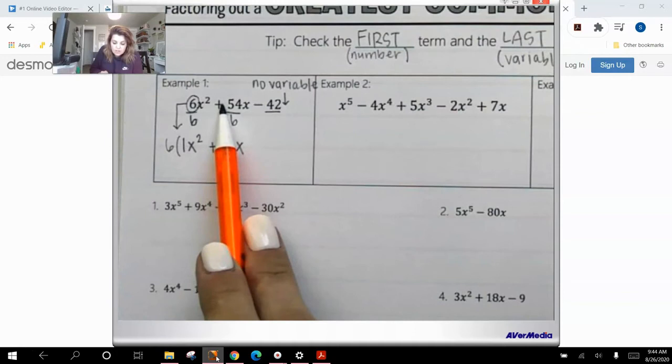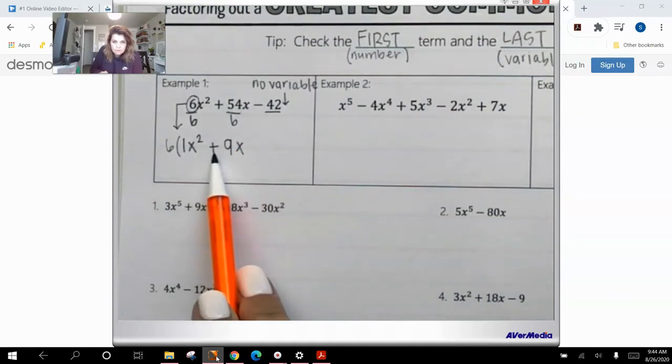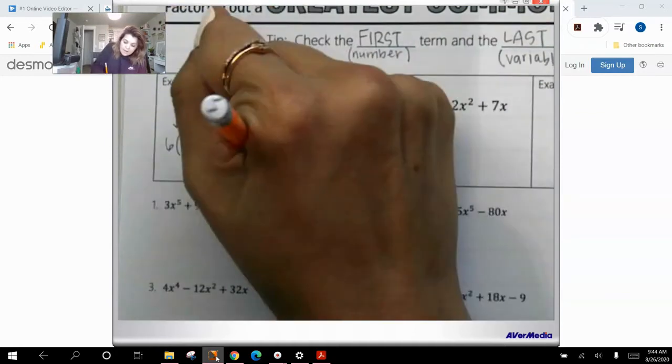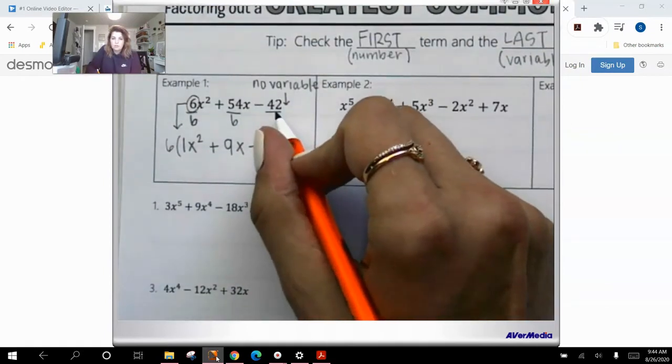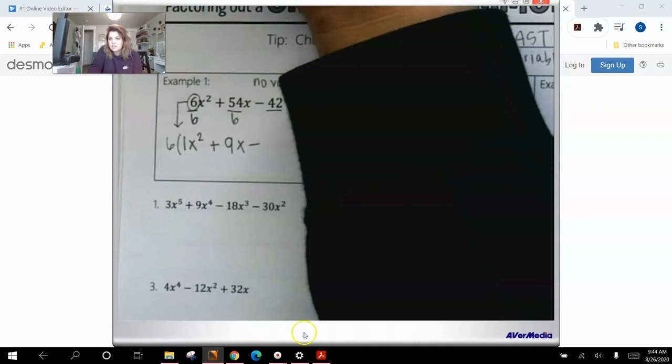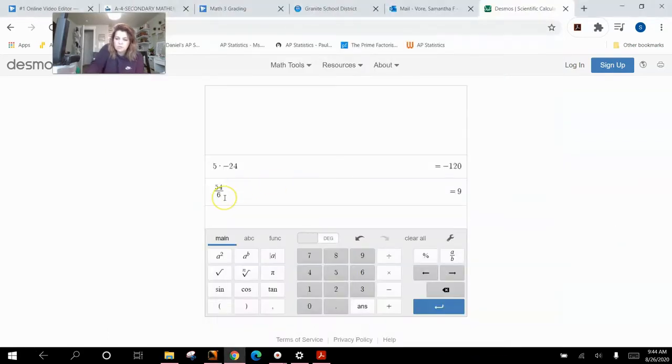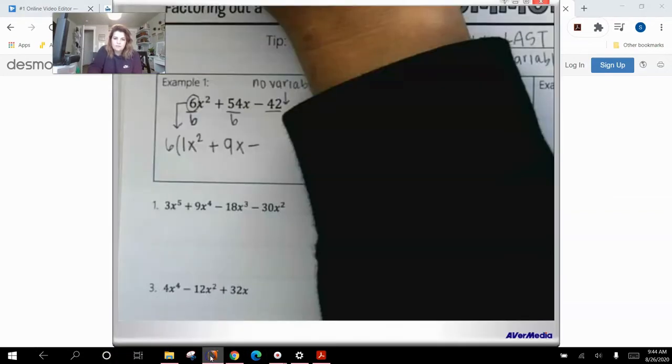So if it's an addition here, it's an addition down here. Then I have a minus, and I need to do 42 divided by 6. If you use your calculator, I believe that's 7. This one always confuses me, so I'm going to double check. 42 divided by 6, and that is 7.